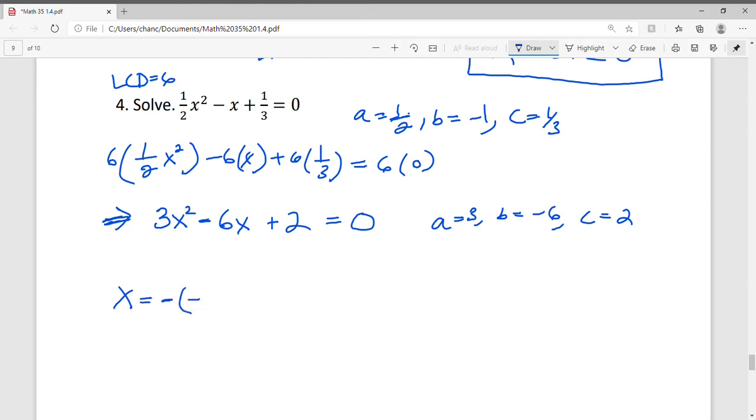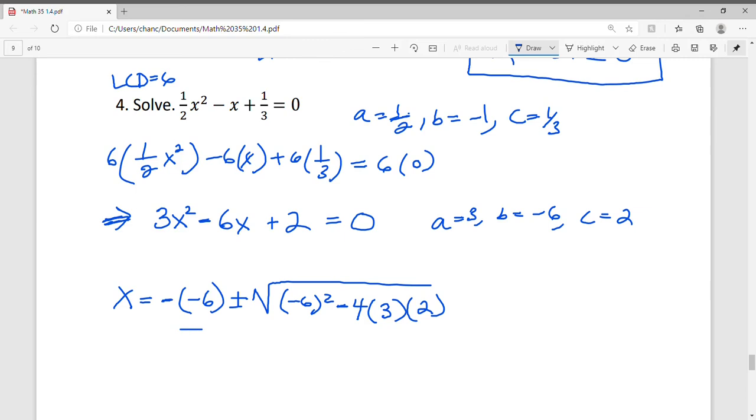x equals -b plus or minus the square root of negative 6 squared minus 4 times 3 times 2, over 2 times 3.